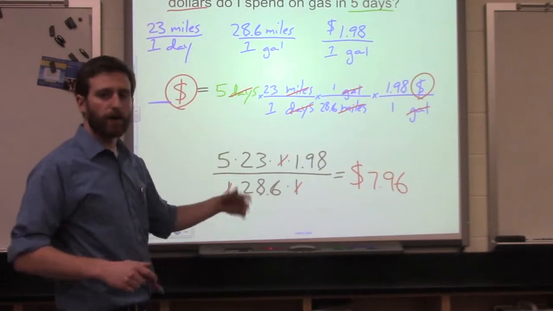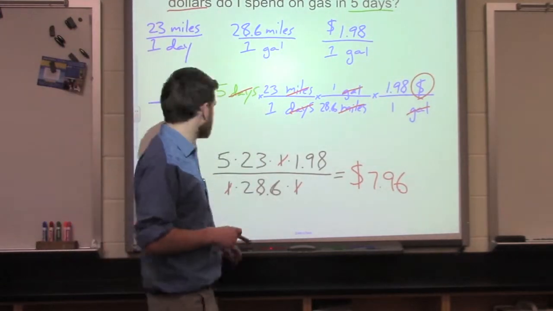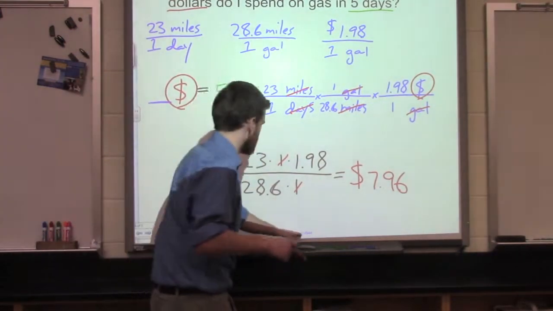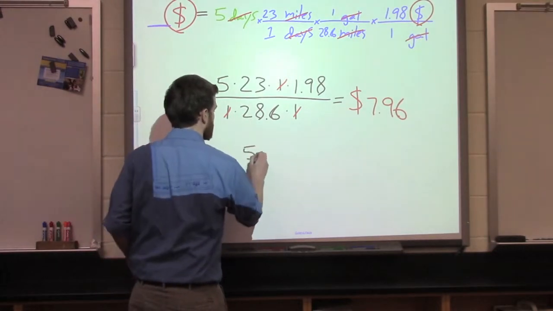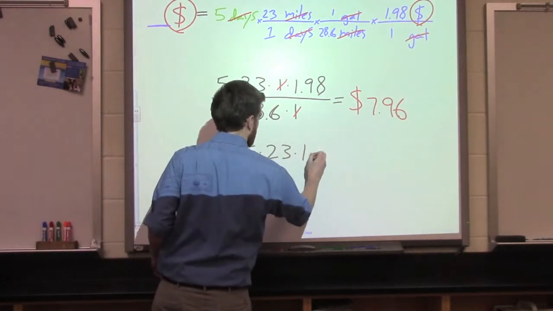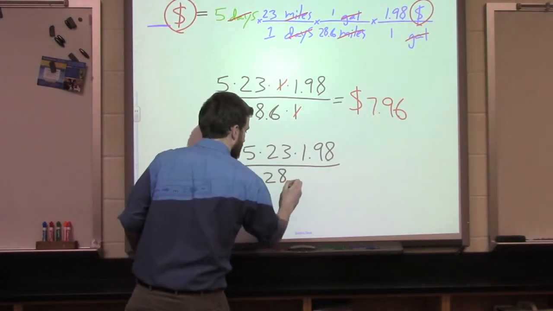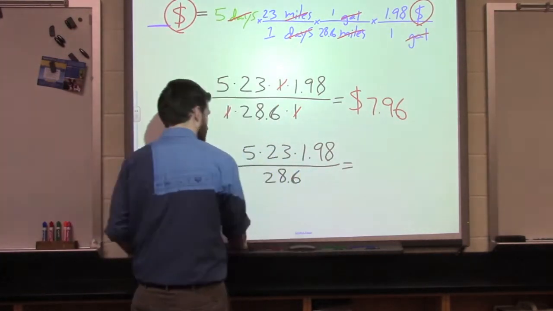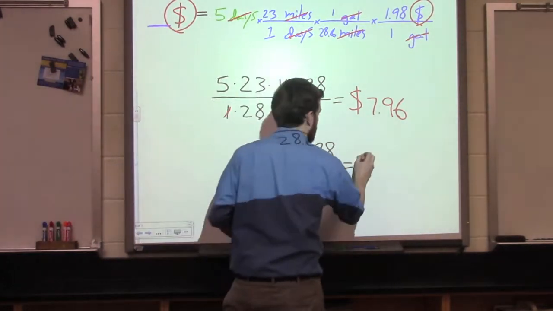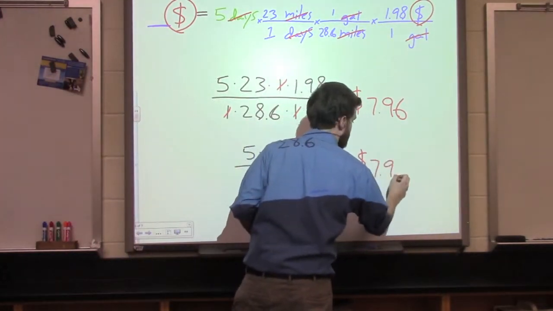I can forget about all those 1s that often show up in conversion factors, and I can just say 5 times 23 times $1.98 over the 28.6 equals, and I would get the same answer, the $7.96.